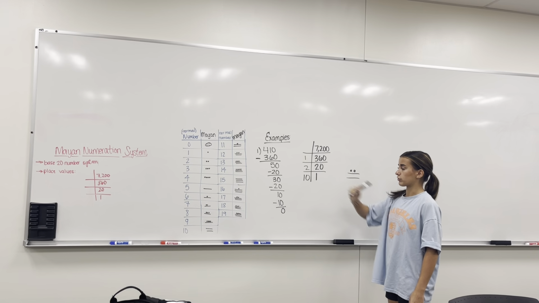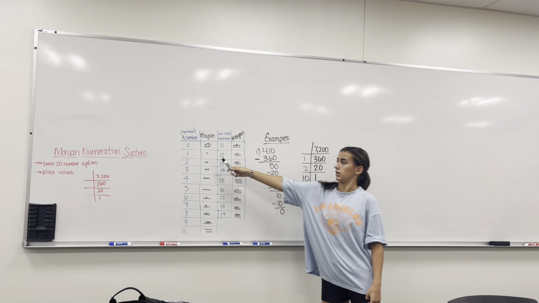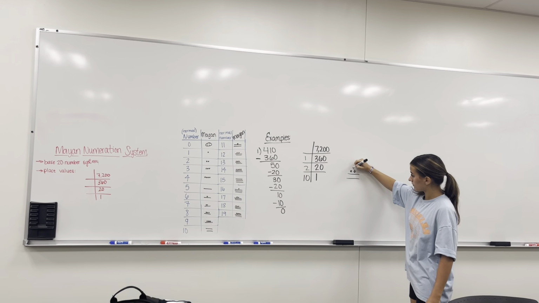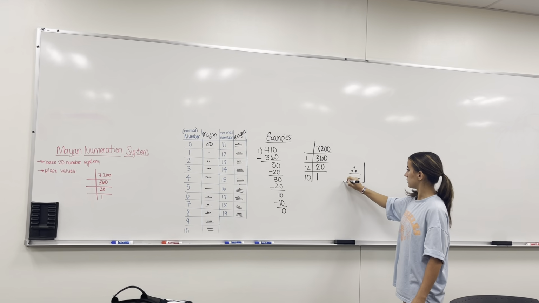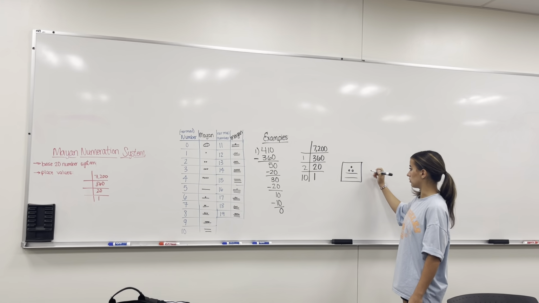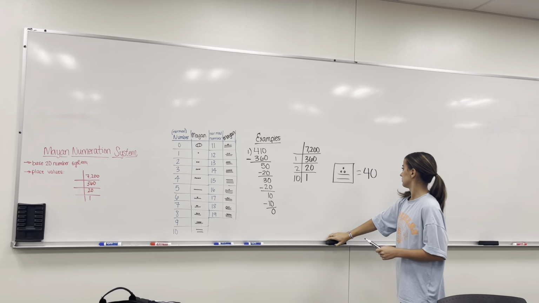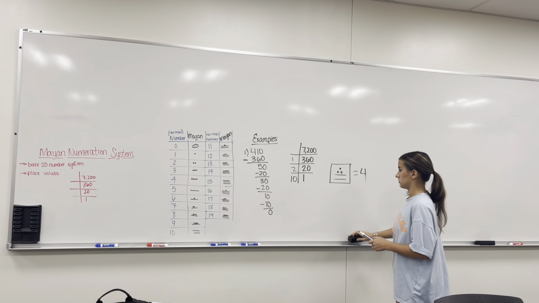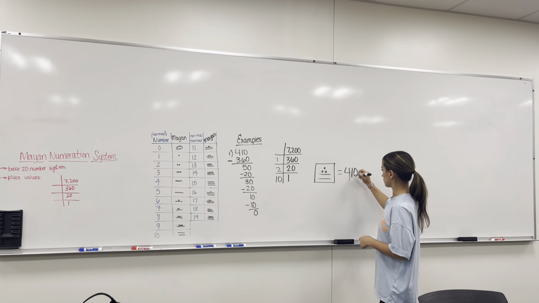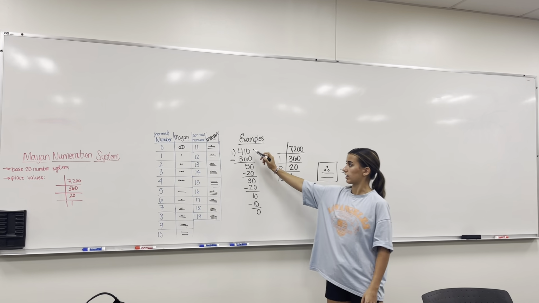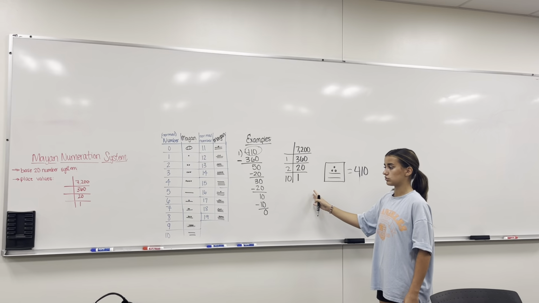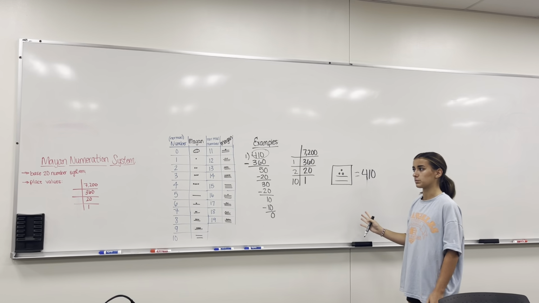And then we have 1 360, so I'm just going to draw my 1 right here. So then this symbol is going to be equal to the number 410 that we had right here. So this is all you're going to do to convert your numbers into the Mayan system.